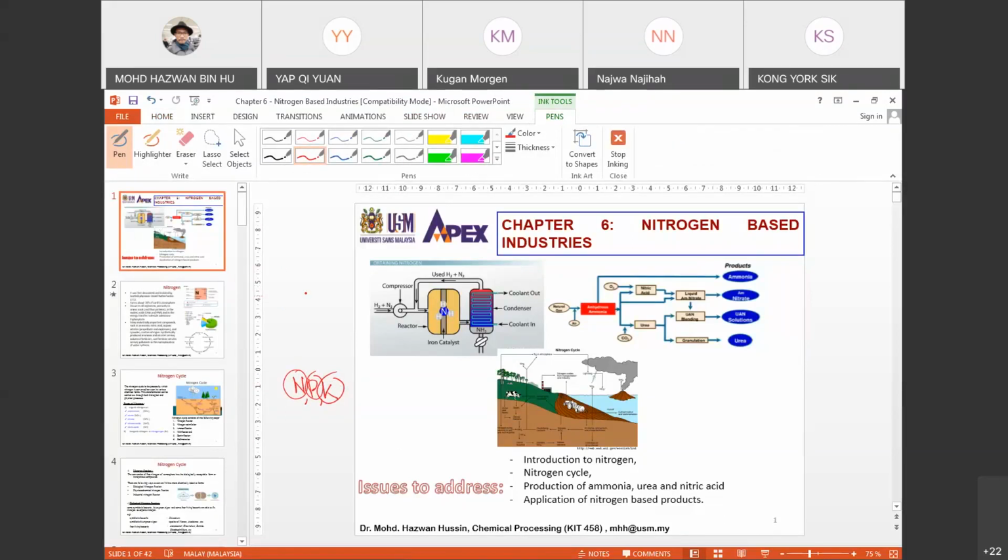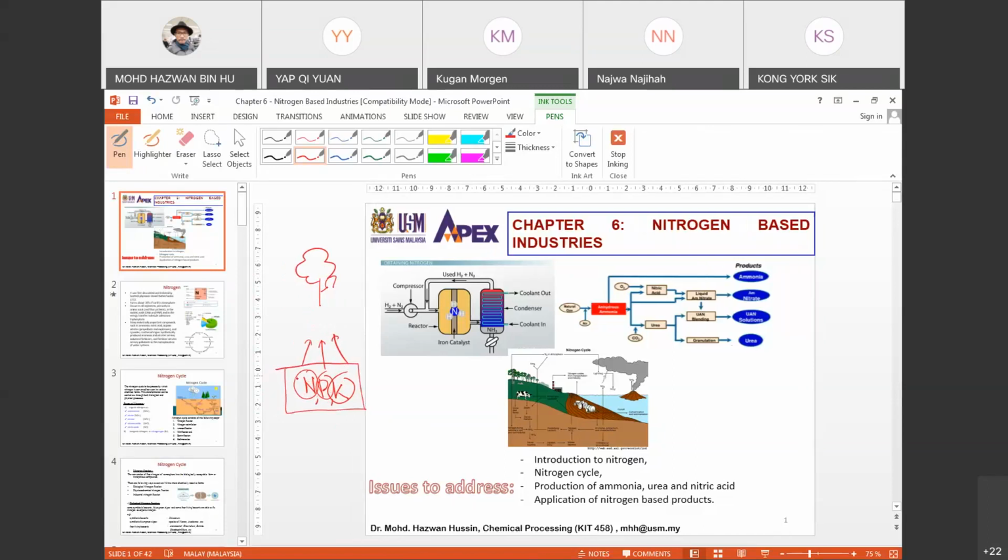Because the plant needs all this material to ensure its growth. So it needs nitrogen, it needs phosphorus, and it also needs potassium. Without these elements in your fertilizer, the fertilizer will not be a good fertilizer.